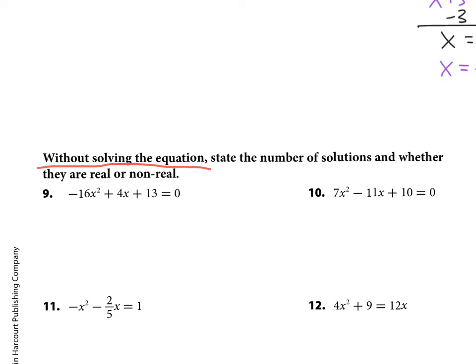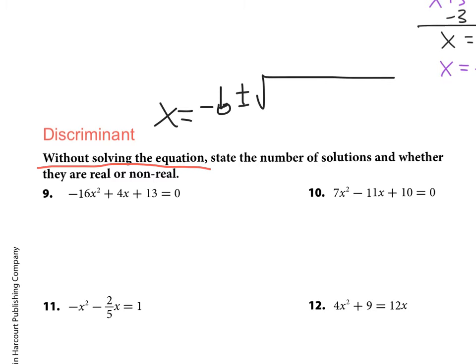Now if you read the notes from the textbook section, you would have seen what is called the discriminant. If we write the quadratic formula, you'll see what the discriminant is. We have x equals -b plus or minus the square root of b squared minus 4ac all over 2a.